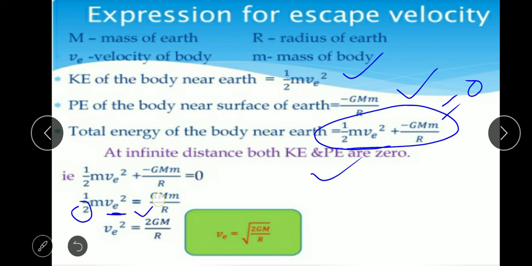When you change the side, it will go in the numerator. Small m is there on both the sides, so I'll cancel small m, students, and we'll get v square, velocity square, is equal to 2GM upon r. Now I'll take the square root and we'll get escape velocity v is equal to under root 2GM upon r.